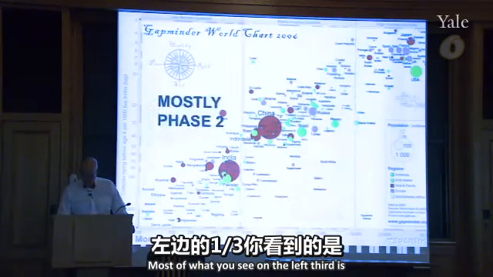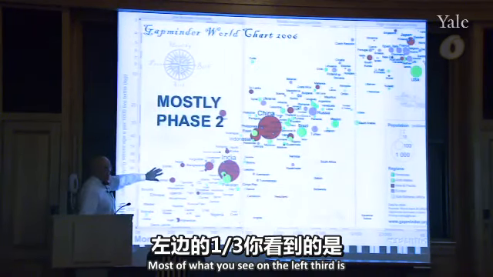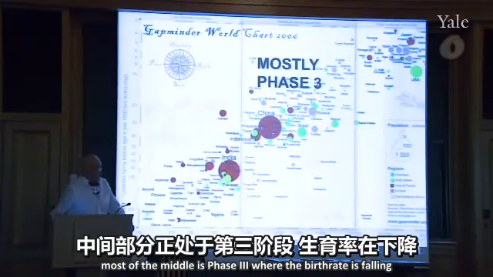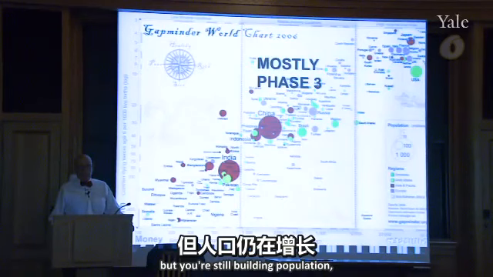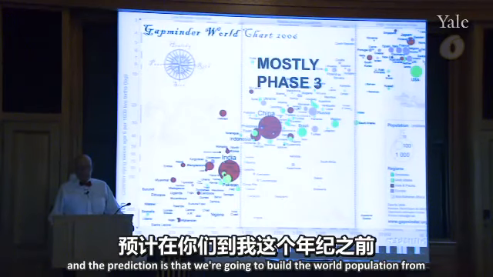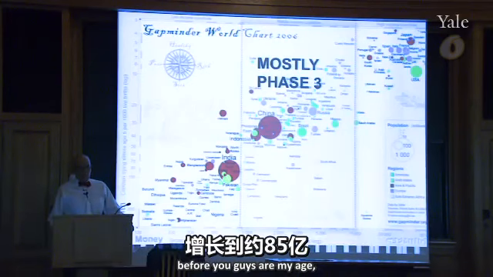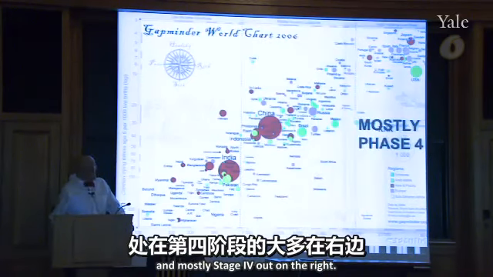And most of what you see on the left third is societies that are in stage 2 or early in stage 3. Most of the middle is phase 3, where the birth rate is falling, but you're still building population. And the prediction is that we are going to build the world population from a little under 7 million to about 8.5 million before you guys are my age. And mostly stage 4 out on the right.